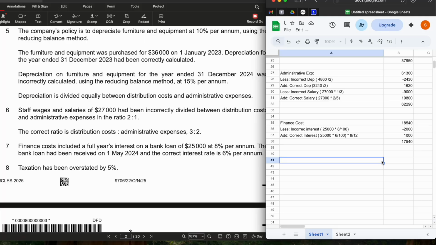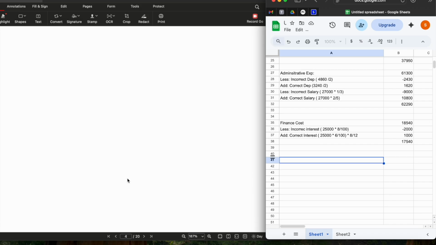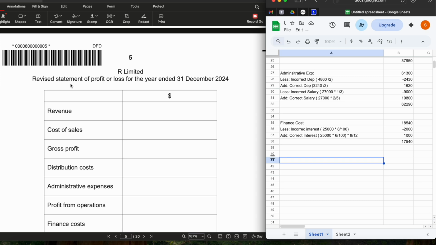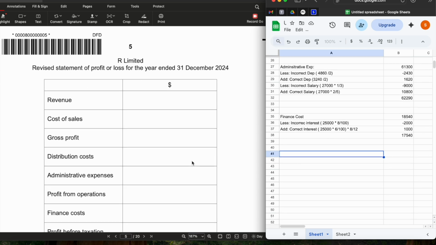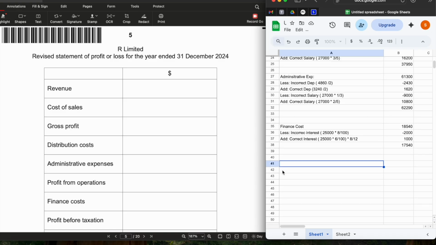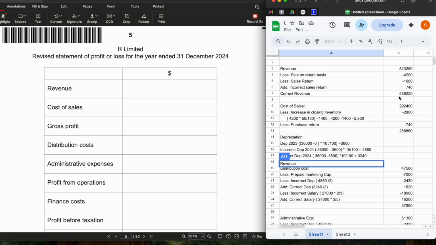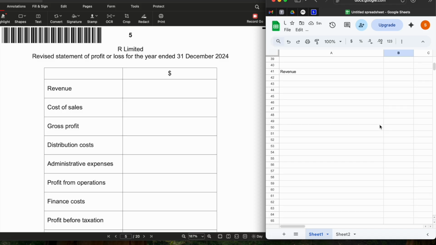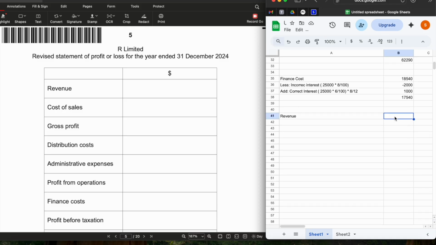Now all this calculation will help us prepare the next stage, which is to prepare the revised statement of profit and loss account for the year ended. In the revised statement, we'll write revenue, which we calculated out here, 538,220.